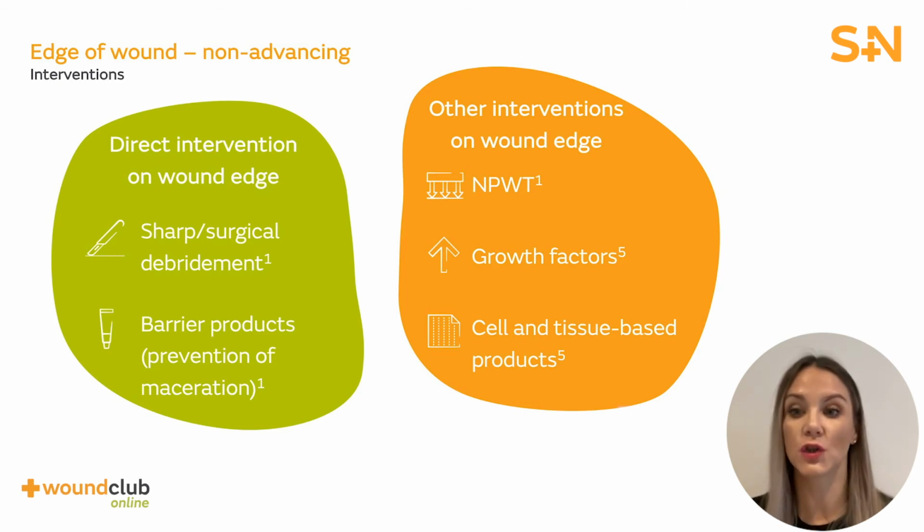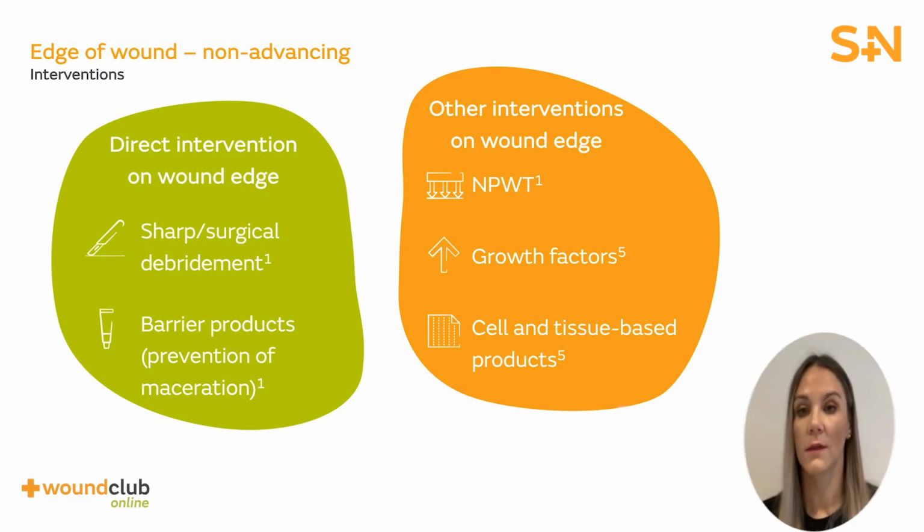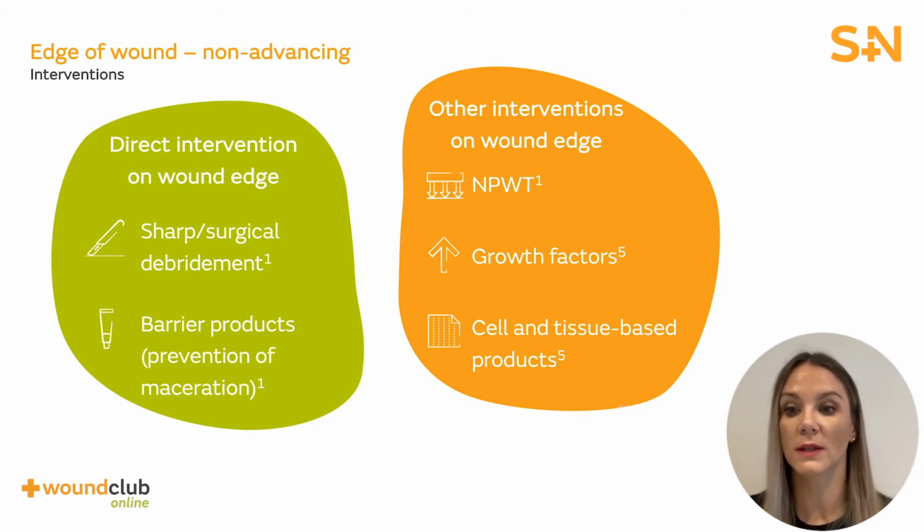However, this is usually carried out by a skilled and competent practitioner. The clinician should also consider the condition of the peri-wound skin in assessing wound contraction. Dry or macerated wound edges may affect the ability for the wound to be able to contract.